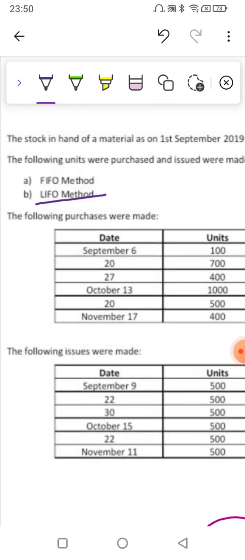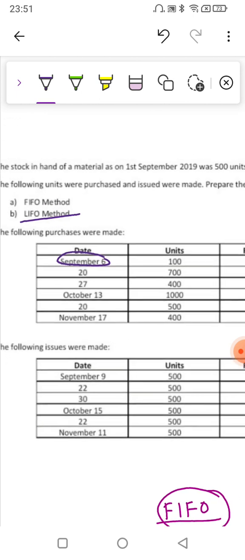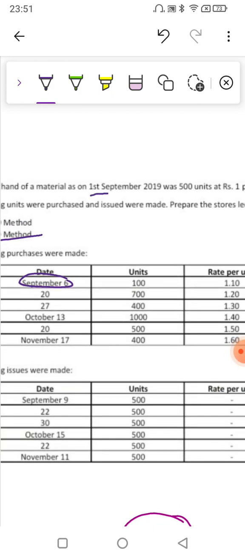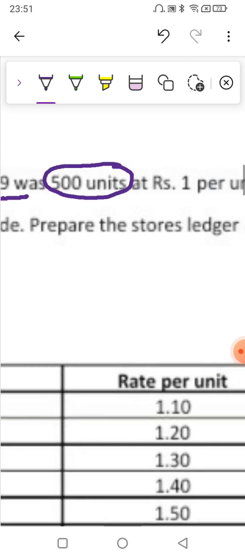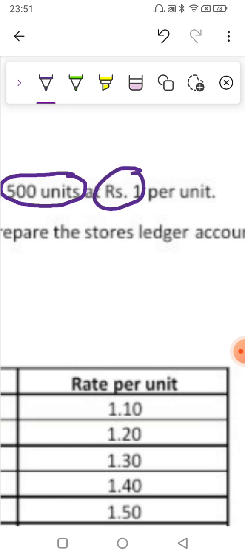See, we will go in a chronological order. So the first date that we have got is September 6th. But before that, in the question it is given that the stock in hand of a material as on 1st September 2019 was 500 units of rupees 1 per unit.